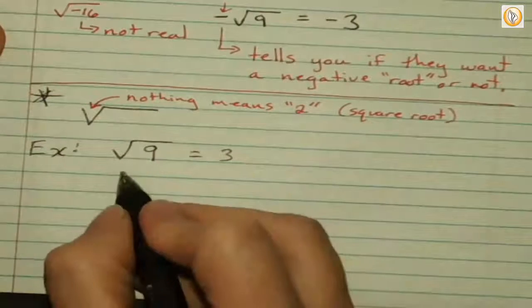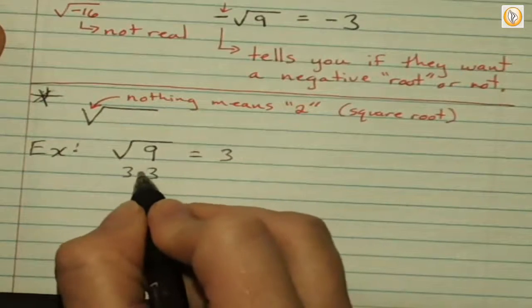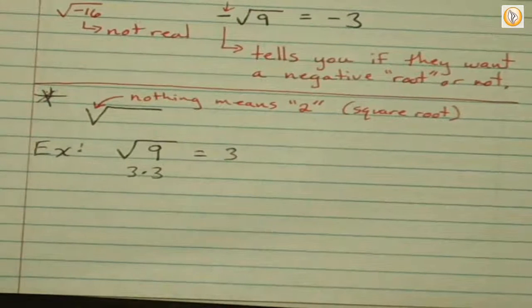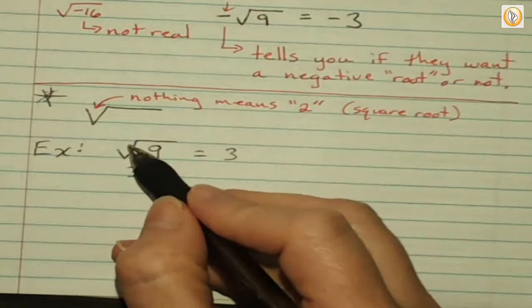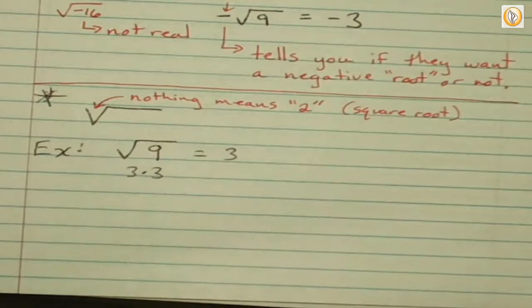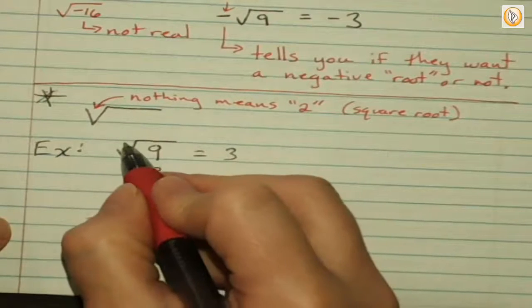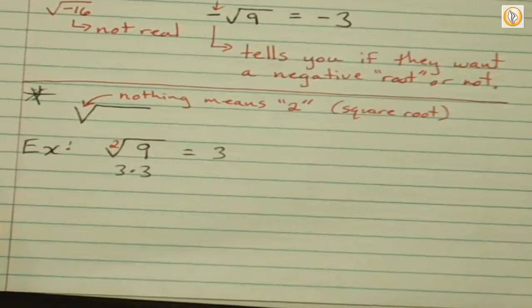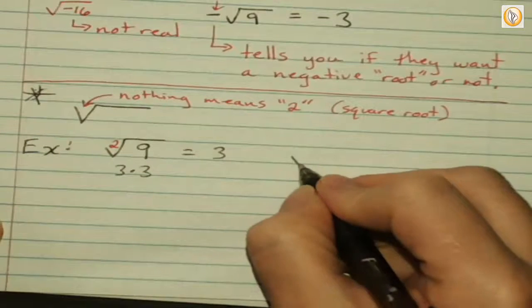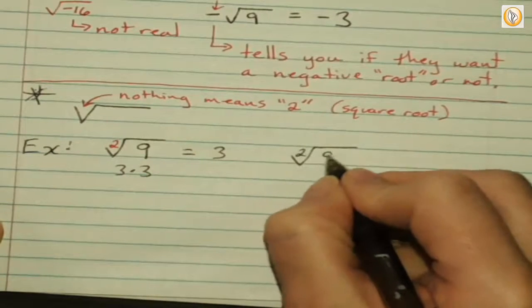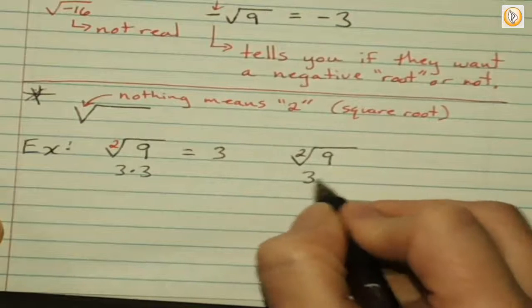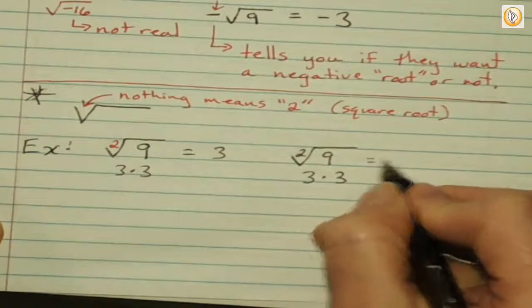That means 3 times 3, correct? We pretend there's a 2, so that is the same as this. It really means 3 times 3.